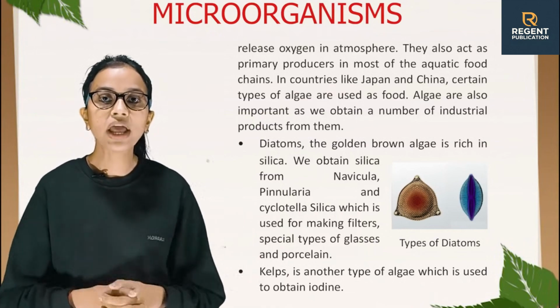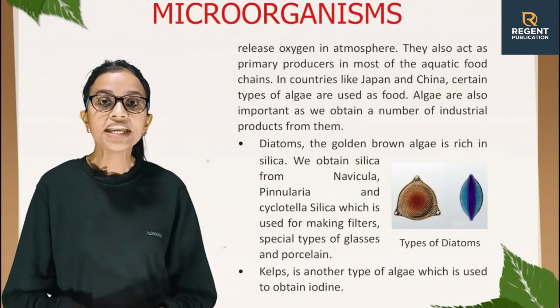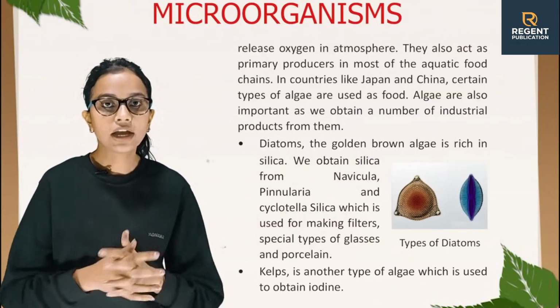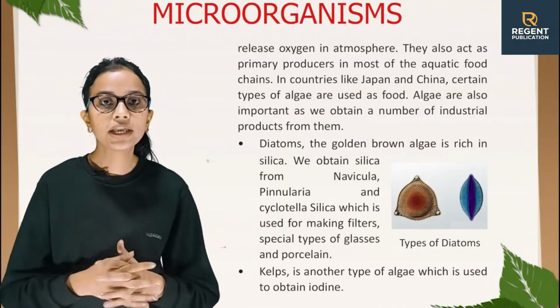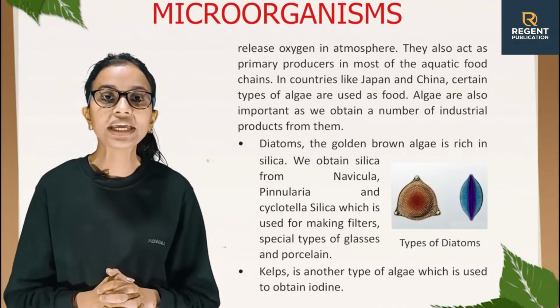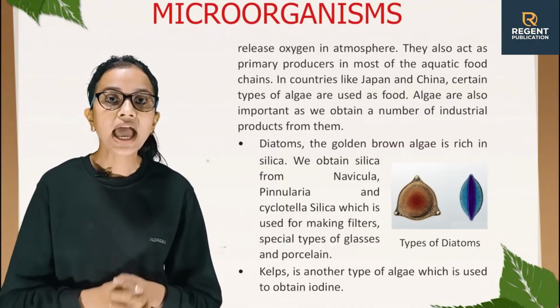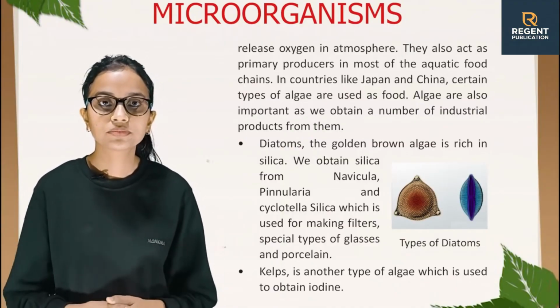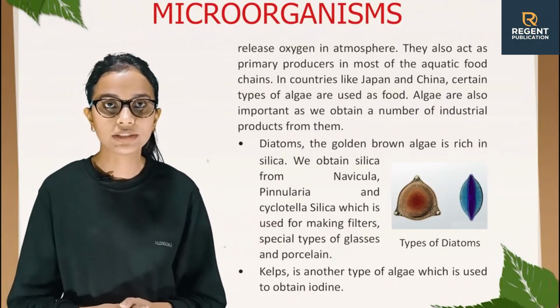Diatoms, the golden brown algae, are rich in silica. We obtain silica from Navicula, Pinnularia and Cyclotella, which is used for making filters, special types of glasses and porcelain. Kelps is another type of algae which is used to obtain iodine.